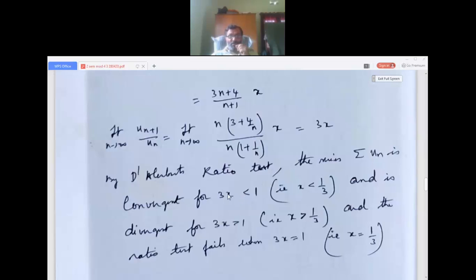By D'Alembert's ratio test, the series sigma un is convergent if 3x is less than 1, that is x less than 1 by 3, and is divergent for 3x greater than 1, that is x greater than 1 by 3. And the test fails when 3x equals 1, that is when x equals 1 by 3.